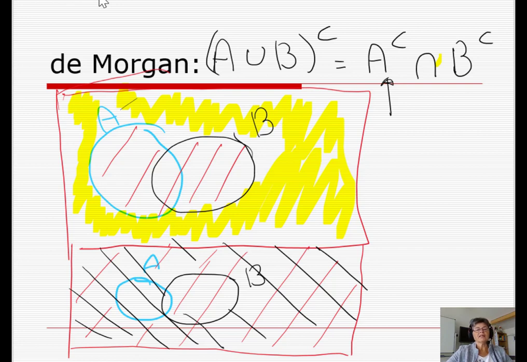Well, and if we then intersect, I hope you see, despite my bad drawing capacity, that everywhere where we have a red and a black line, that's outside this A and B. So it's exactly the same. So A united with B complement is equivalent with A complement intersected with B complement.